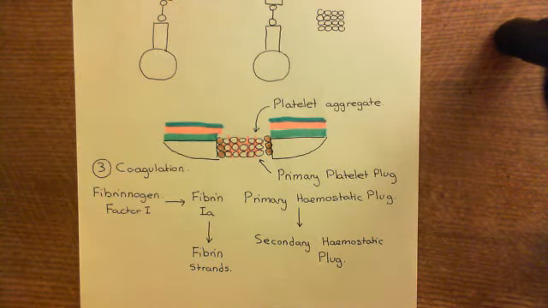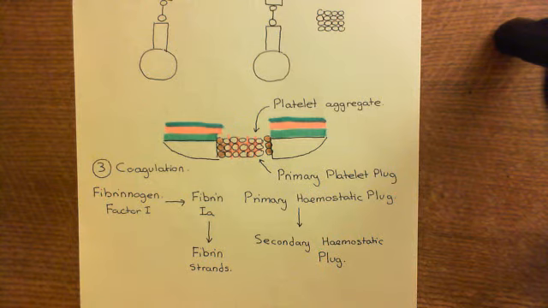So we've got the three components of hemostasis now. The first one was that you constrict the blood vessel, okay, vasoconstriction, and that reduces the blood flow to the affected area. The second one is that you form the primary platelet plug. You aggregate platelets together, which forms part of the structure which is going to plug the hole in the side of the blood vessel.